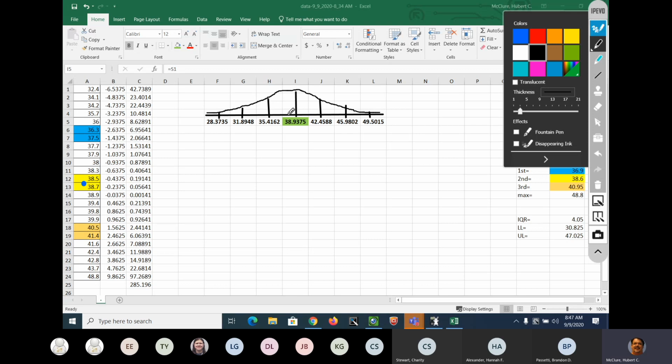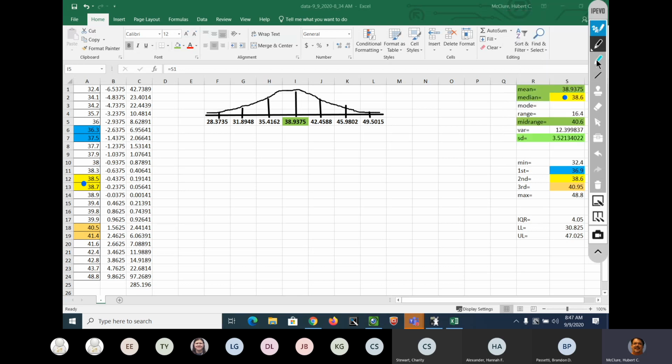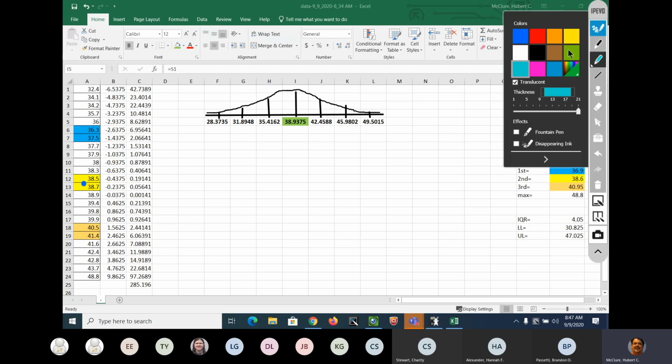Now what this says is, and I want you to understand why I'm saying this. Why won't it go away? All right, we know that 95% of the numbers are going to fall between these two numbers. Okay, that's what that means.